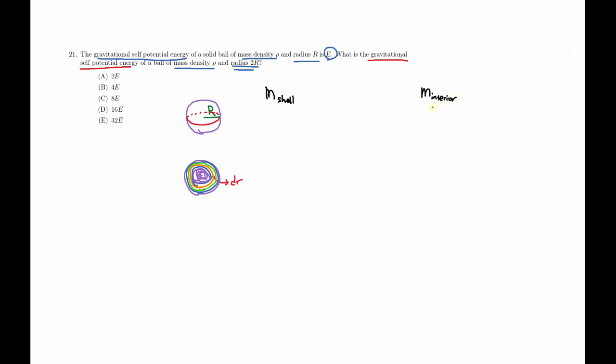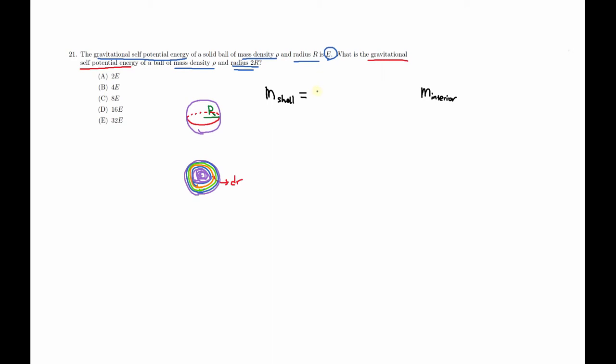In our gravitational potential energy, these two masses will attract each other, and when we have an infinite number of these concentric spheres, we're gonna integrate and find the total self-potential energy of this ball.